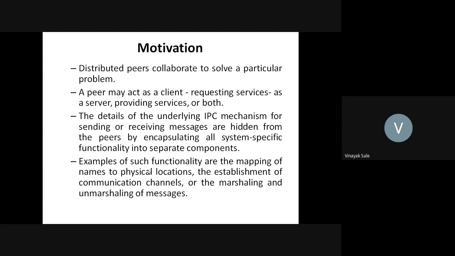The details of the underlying IPC mechanism for sending or receiving messages are hidden from peers by encapsulating all system-specific functionality into separate components. Examples of such functionality are the mapping of names to physical locations, the establishment of communication channels, or the marshalling and unmarshalling of messages.